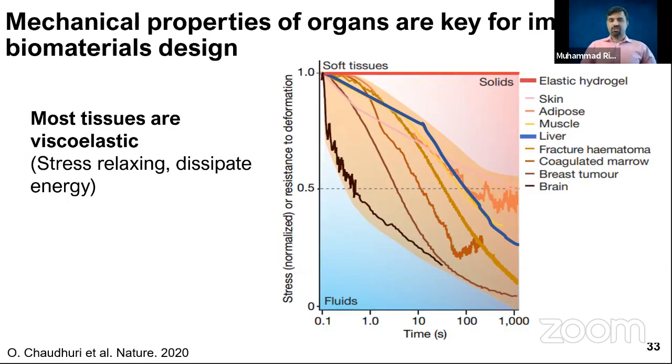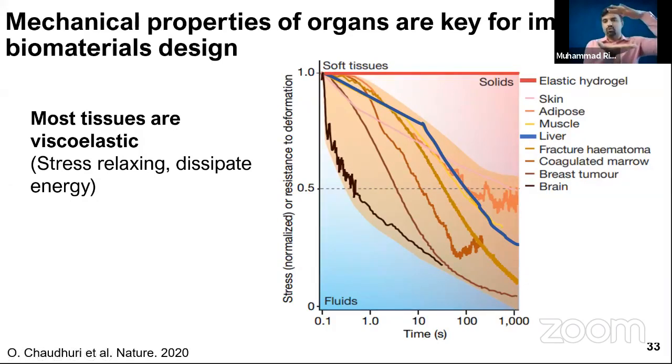Before that, I'll just mention that we need to look at the mechanical properties of organs. May sound a strange concept, but mechanical properties of organs are key for improved biomaterial design. If we look at the different tissues, the tissues are stress relaxing. What does this mean?